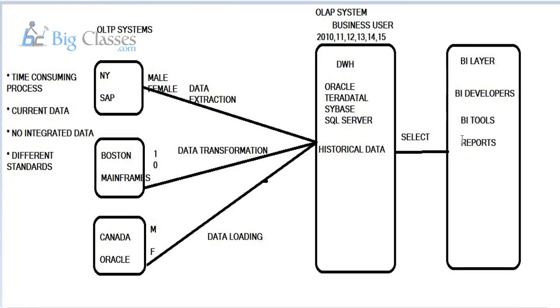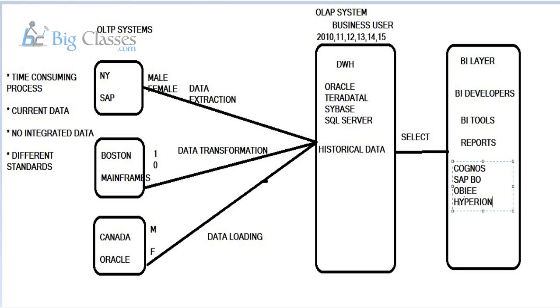Okay, so you have different BA tools, like Cognos, SAP BO, OBIEE, Hyperion, MicroStrategy, Tableau. So these are all the different BA tools that you have.